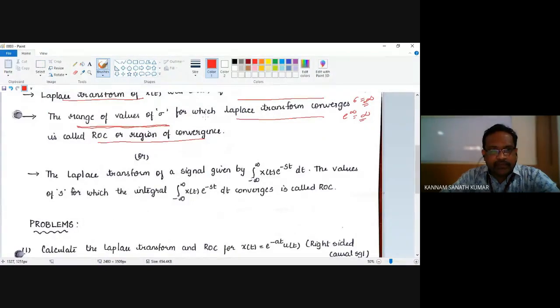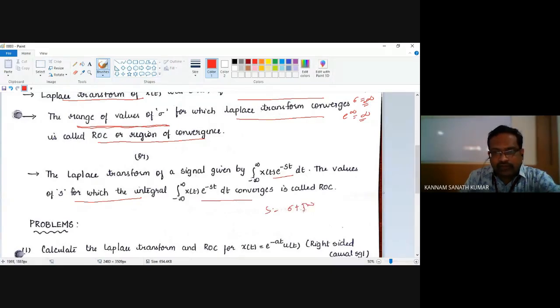So the Laplace transform of the signal x of t is given by this. Another definition: the value of s for which x of t into e power minus st converges. Since s equals sigma plus j omega, the region of convergence depends on s.